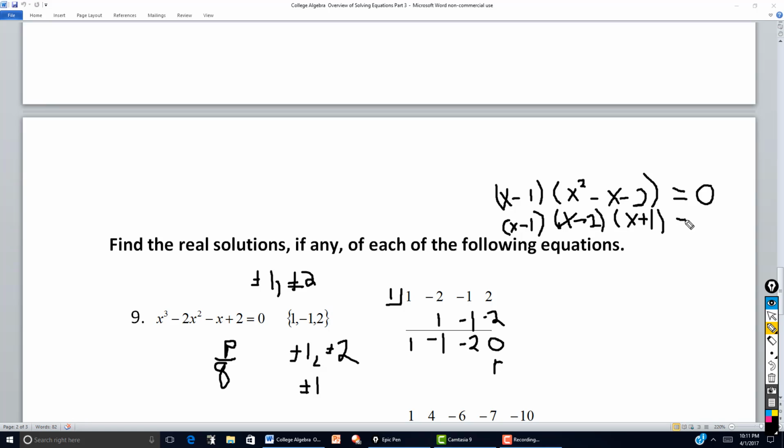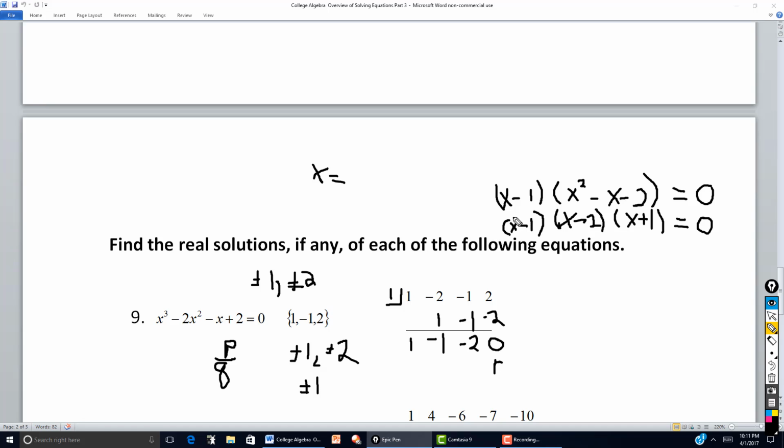So now once you have it factored out, and it's a third degree, so we expect at most 3 solutions, now it's just a matter of setting each of these factors equal to 0. So we've done this before in the other problem. You set each equal to 0, you get 3 equations, and we're going to get the answers that I have there.